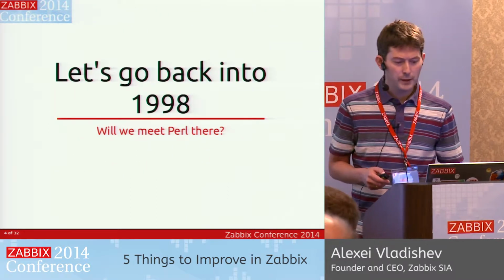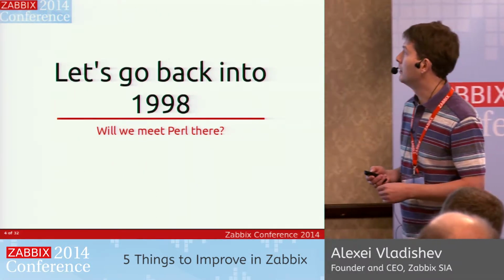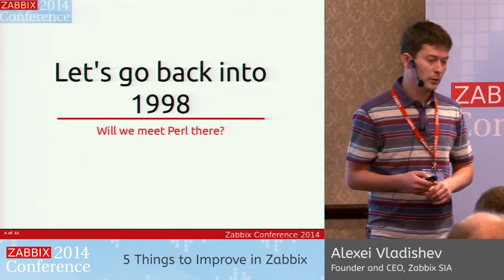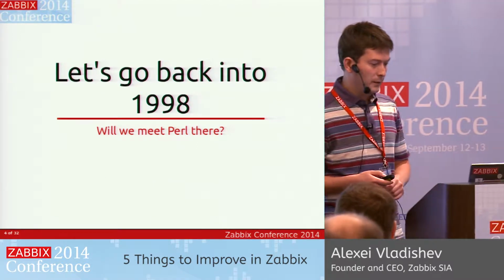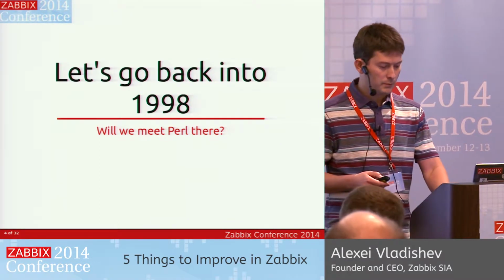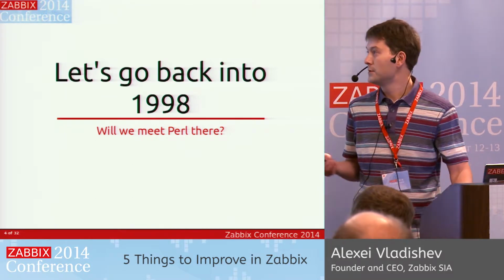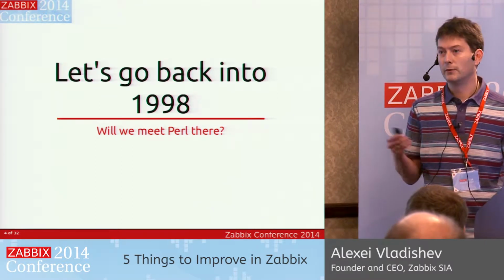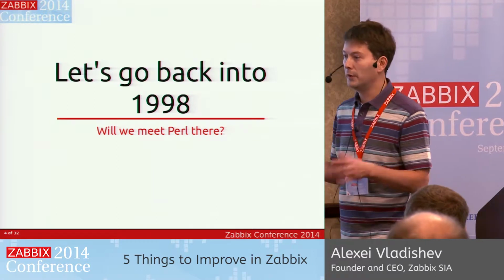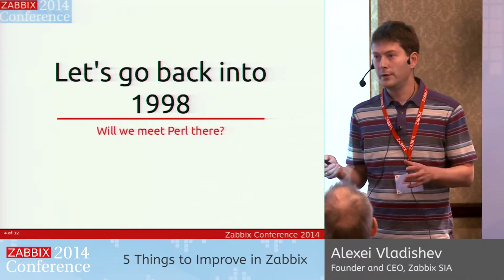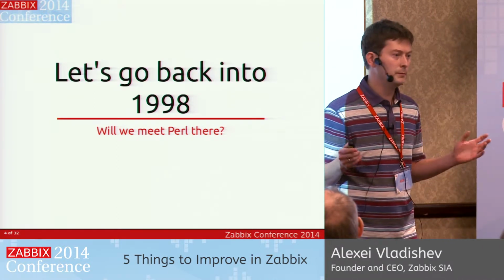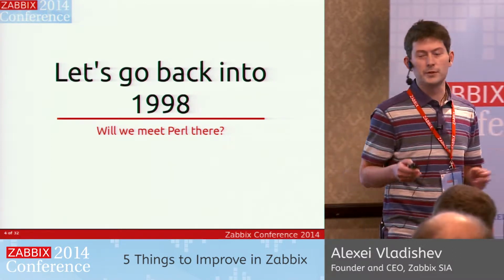Let's go back to 1998 when I started my work on Zabbix. I was a system administrator, responsible for managing different big Unix boxes, HP-UX, AIX, Solaris, as well as some database servers, Oracle, DB2, Informix, and so on.